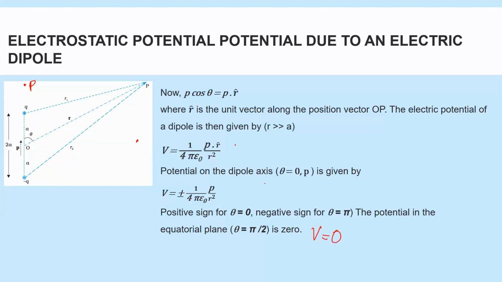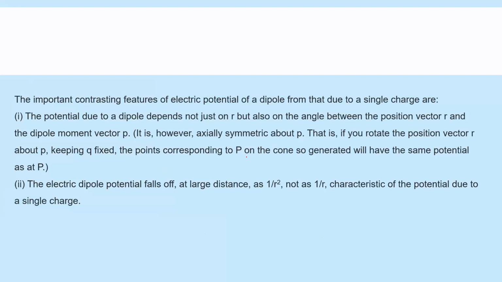So we understood the electrostatic potential at a point P for a charge Q that is being brought from infinity in the presence of an electric field due to an electric dipole. Some contrasting features between the electric potential of a dipole and that due to a single charge: the potential due to a dipole depends not just on r, we saw it also depends on the angle between the position vector r and the dipole moment vector p.